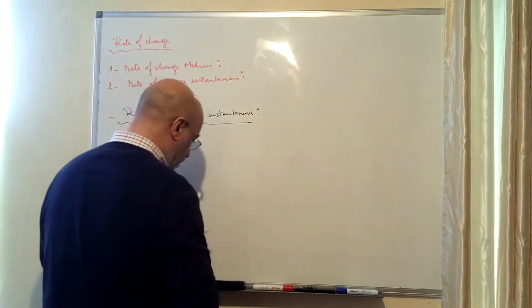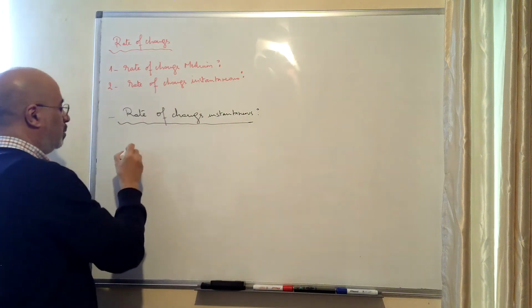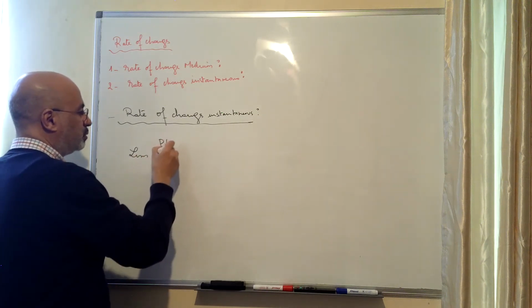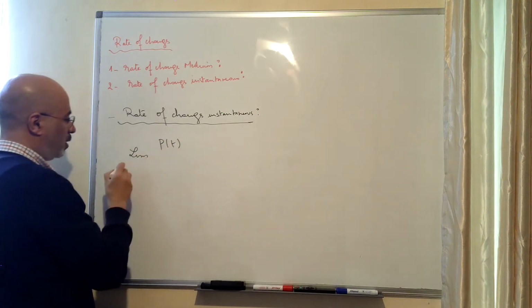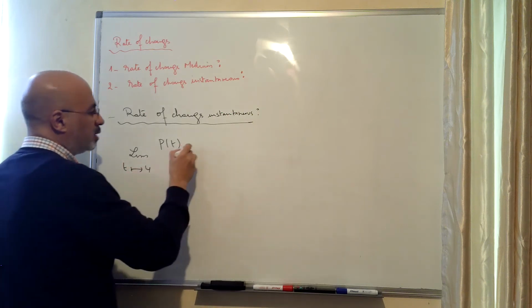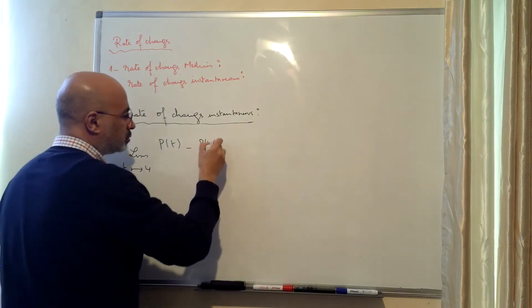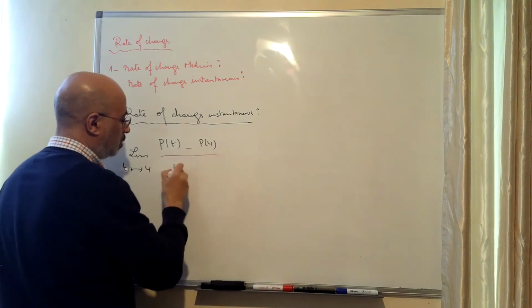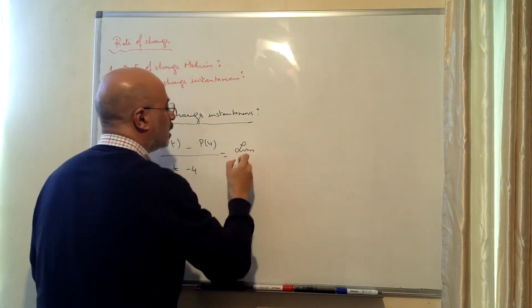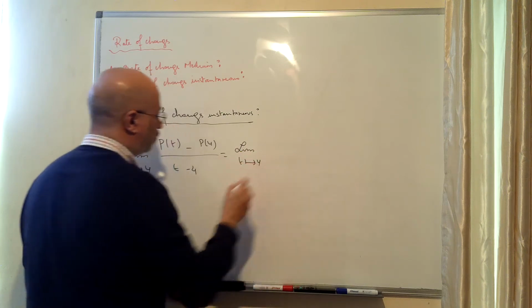Okay, what is the instantaneous rate of change? It's a limit of our function P(t) minus, for example, we take t for 4 minutes, minus P(4), over t minus 4. It's a limit at the 4th minute, t tends to 4.